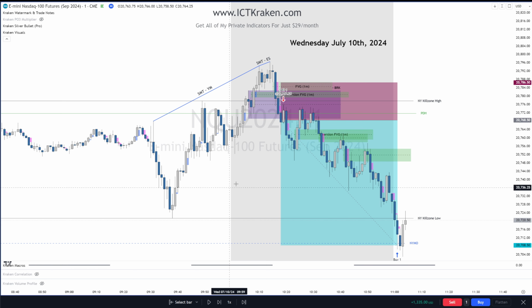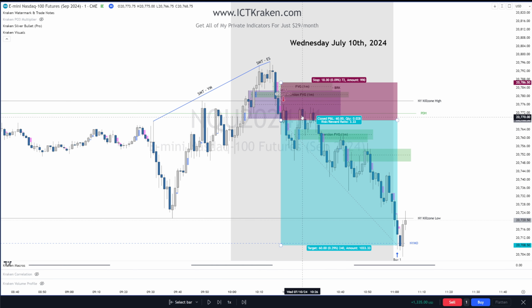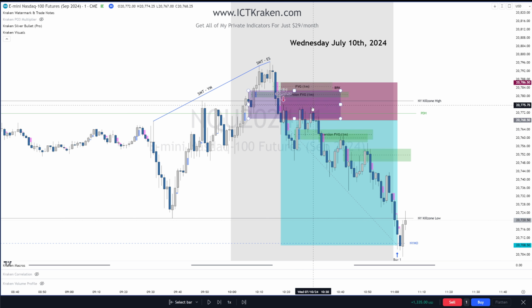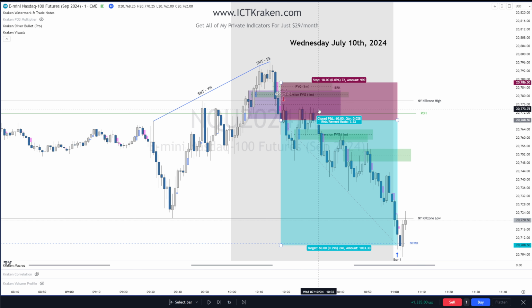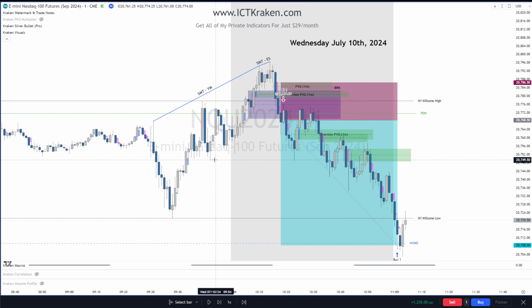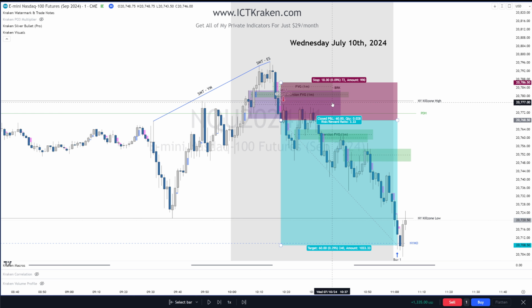So that's where we took our trade, and it went down, created equal lows, and came back up, but the fair value gap and the breaker block held, like it never came into the consequent encroachment of that. So it just came up here, gave you more opportunities to get in, and then it went down. And once it traded back through here, I lowered my risk to half, and then we start seeing the SIBIs holding price.